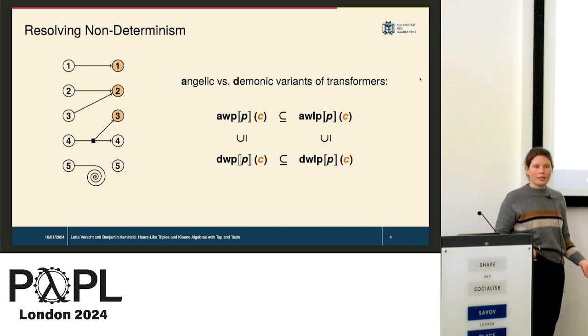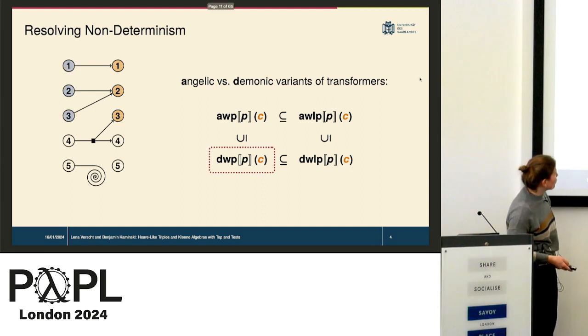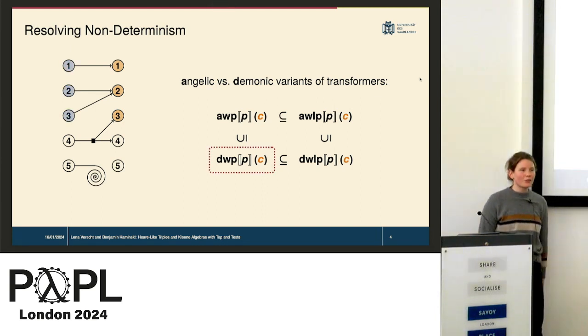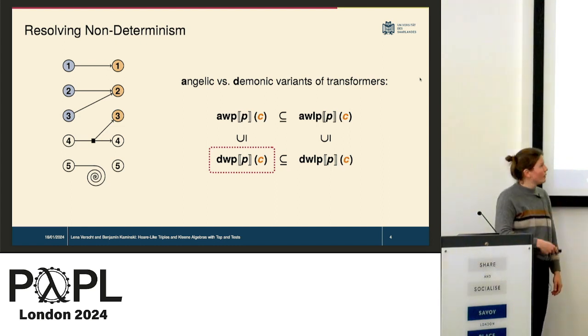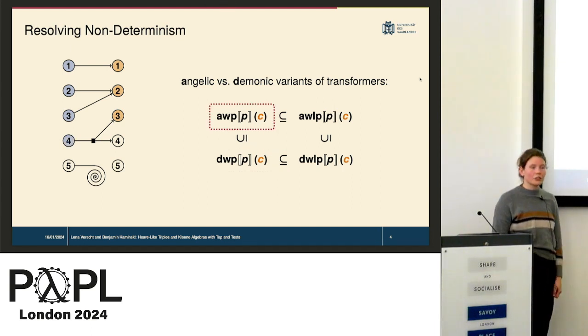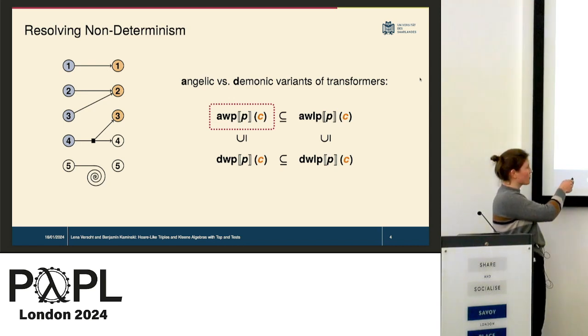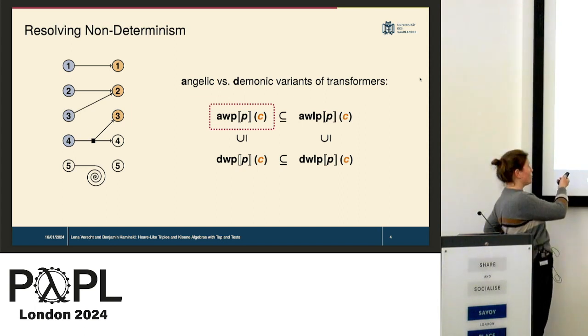And what exactly is the difference between them? Well, the demonic weakest pre transformer requires all possible paths of the execution to terminate in the postcondition. So for this example, these are still states 1, 2, and 3. But the angelic weakest pre transformer says it's sufficient if there exists a path to the postcondition. Here you can see there is a path from state 4 to the postcondition, so state 4 is now included.